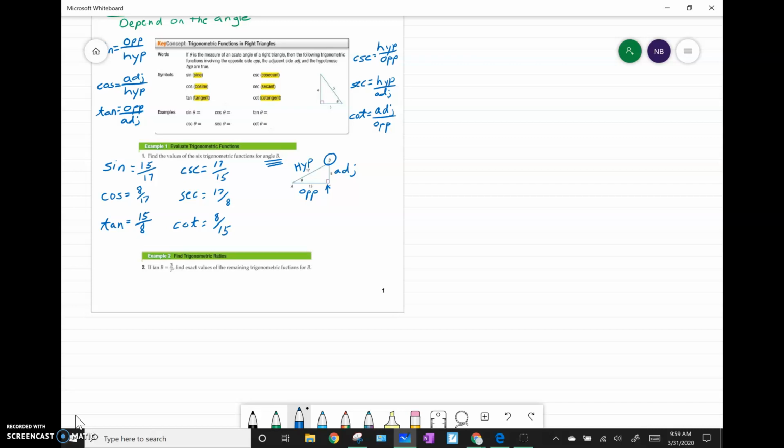So 3 and 7 are part of my right triangle. Tangent is telling me opposite over adjacent, so 3 over 7 is opposite over adjacent. So we have the opposite side and the adjacent side, but we don't have the hypotenuse.